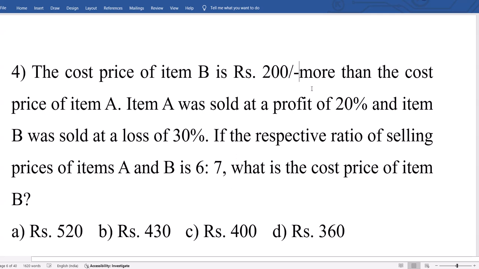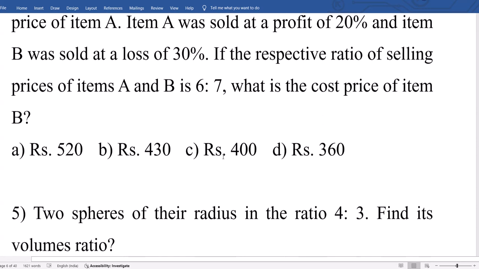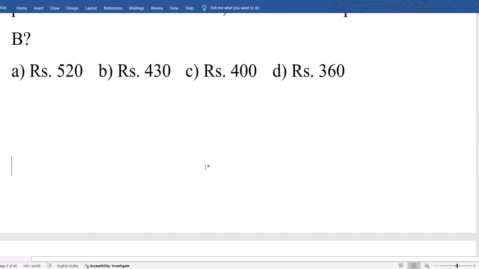The question is regarding the cost price of B. No options with a 200 difference, so fine, no problem. Because sometimes they'll give, if your answer is 400, they'll give 600 also, because the gap between A and B is 200, no? So they may give like that. But here there is no option with the differences. Now see, how can you solve this question? What is the selling price? Selling price of A and B?